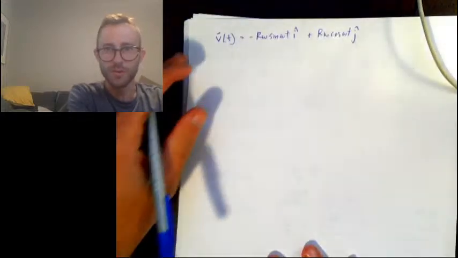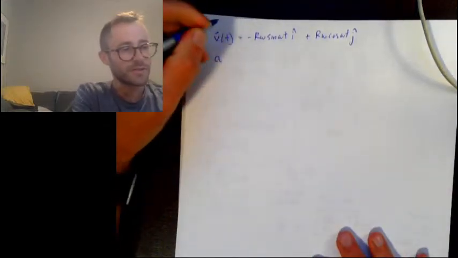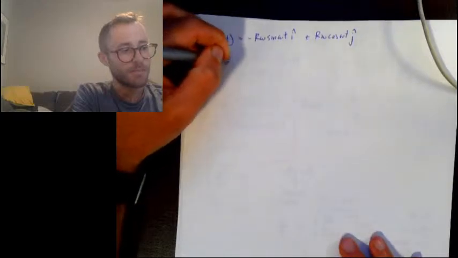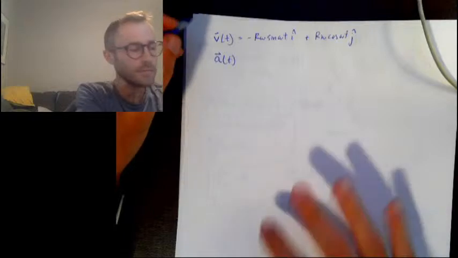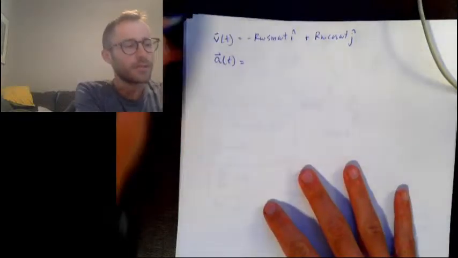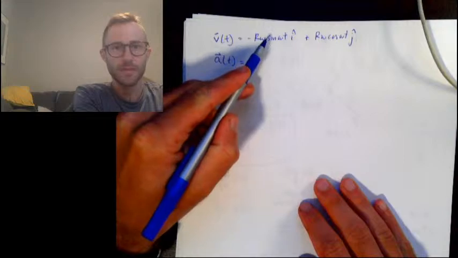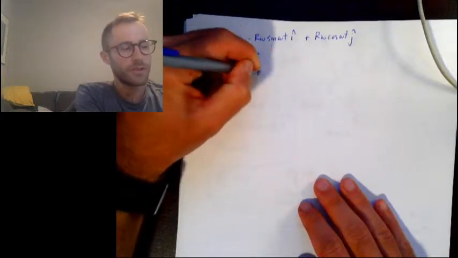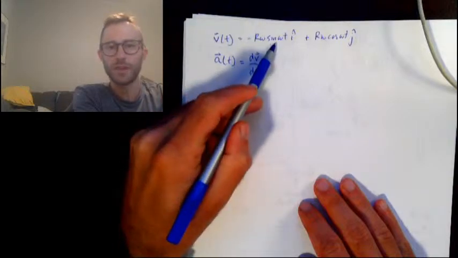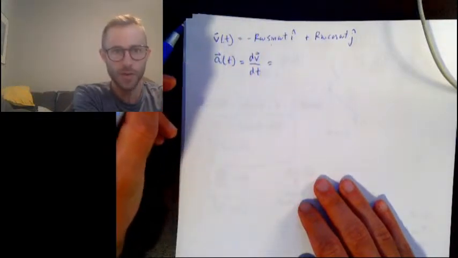So we're going to go one step further and find the acceleration as a function of time. Well, I'll just write it as dv dt. Taking the derivative of sine gives cosine, and the chain rule brings out another factor of omega.